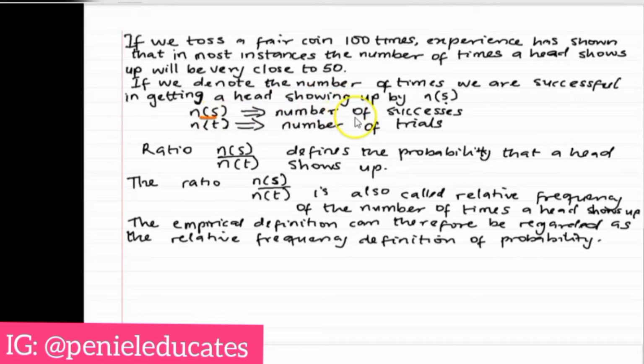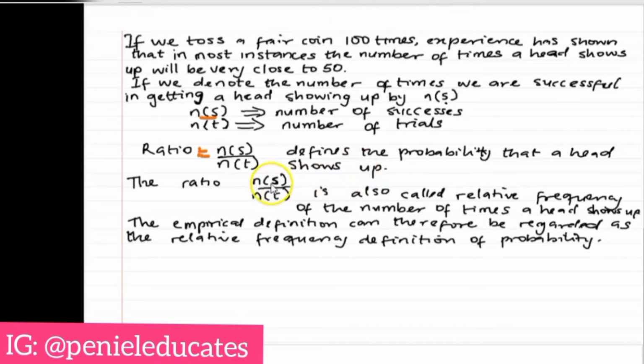if we denote it by NS, then we denote the number of trials by NT. So the probability, which is the ratio, will be the number of successes over the number of trials, which defines the probability that a head shows up.